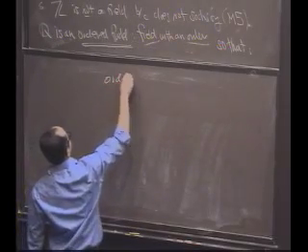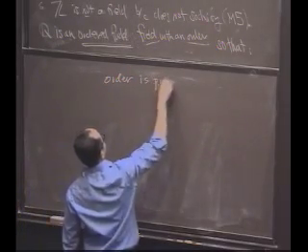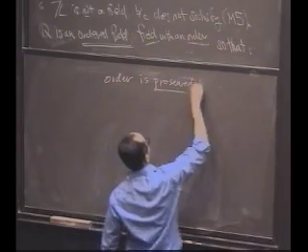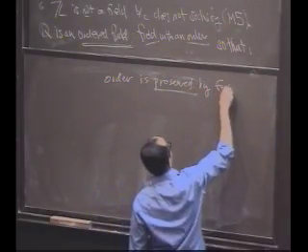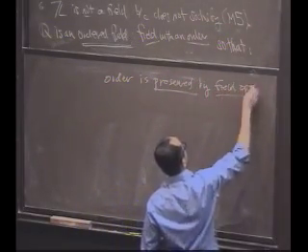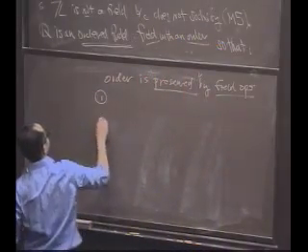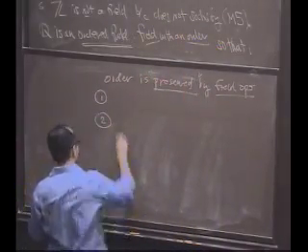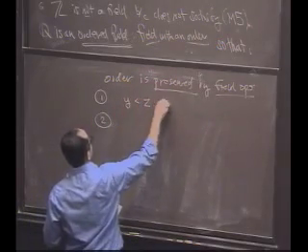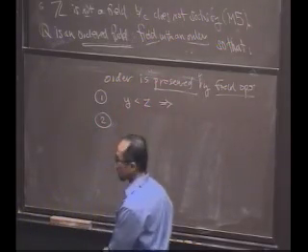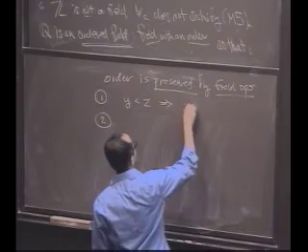Well, here the way to say it is the order is preserved, in some sense, by the field operations. Okay, and I'm going to put this in quotes and then tell you what I really mean, which is if y is less than z, this implies that what happens if I add x to both sides?